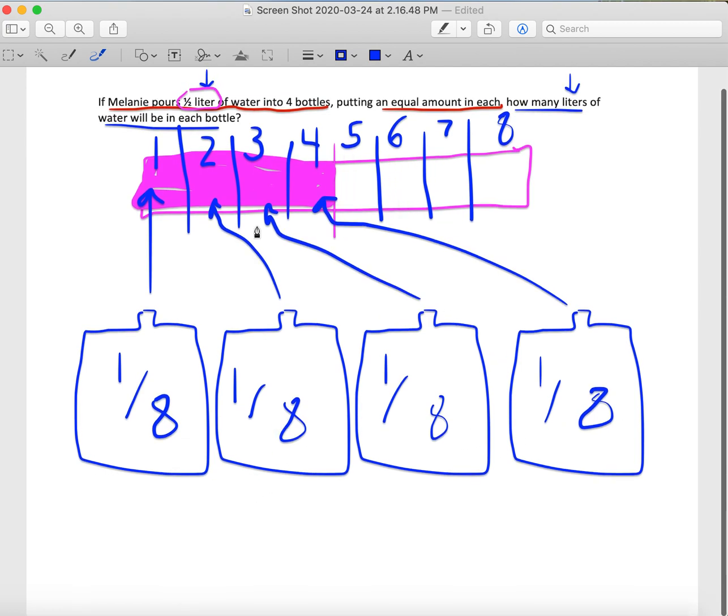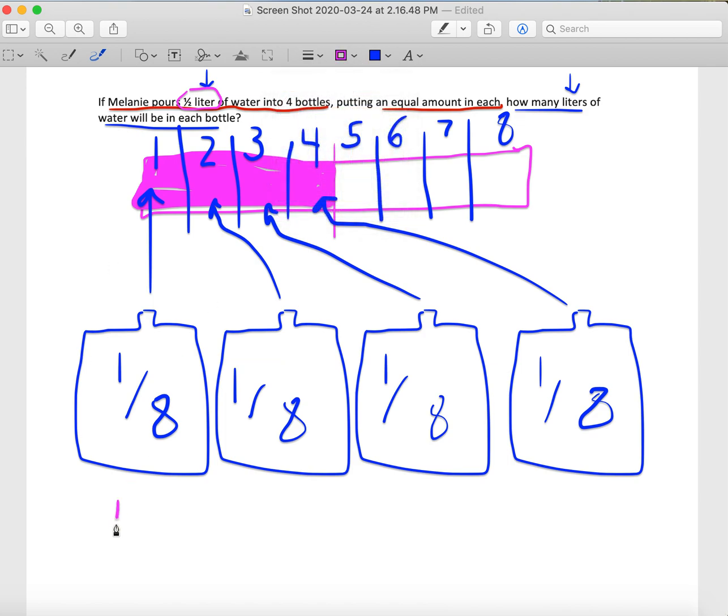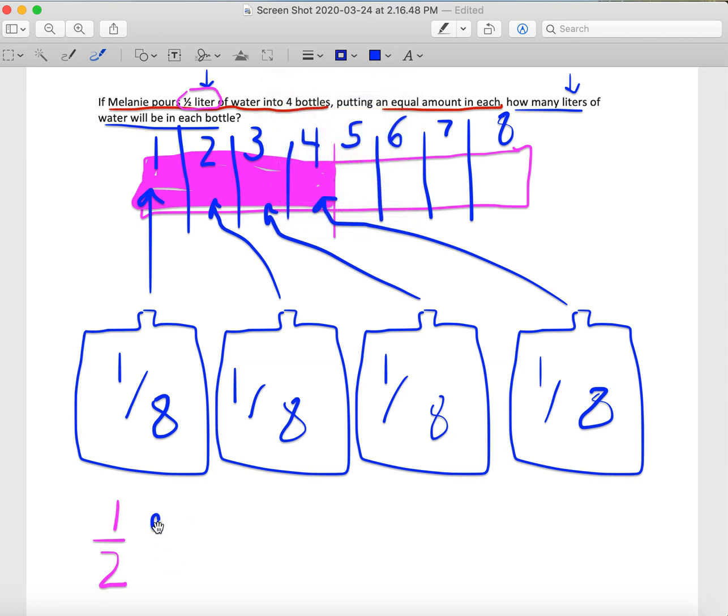Another way to think about that is by saying that I started with 1/2 of a liter, and then I had to divide it into my 4 bottles.